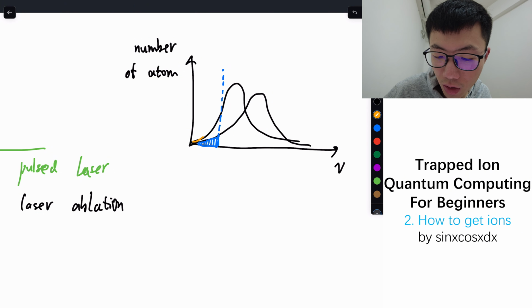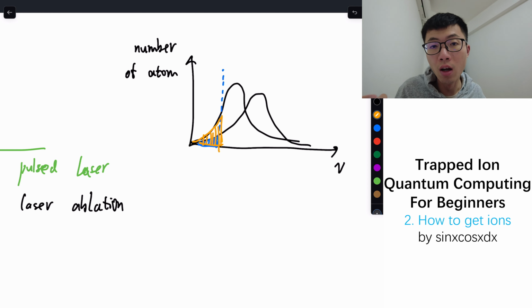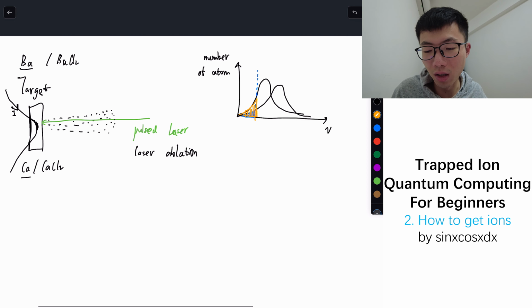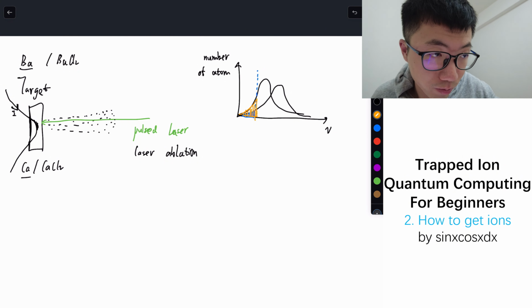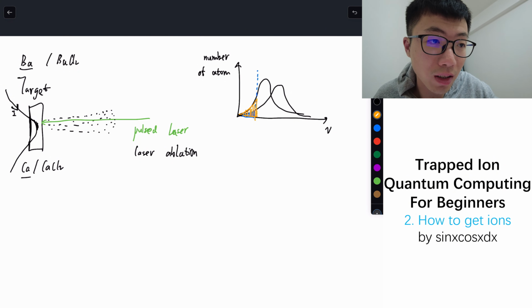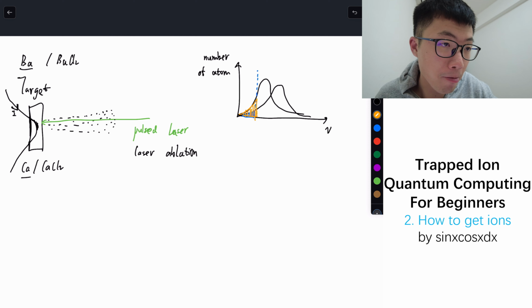However, if the temperature is lower, there is a larger area, and more ions are possible to be trapped. So typically, maybe the power should not be too high. So we need to balance. Higher is not better.